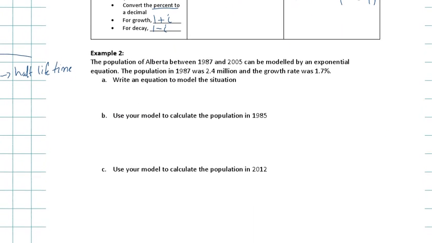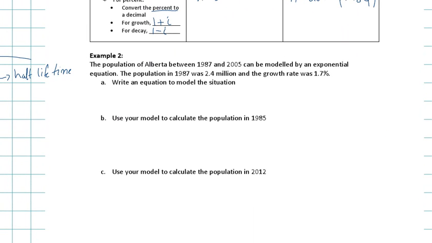So, the population of Alberta between 1987 and 2005 can be modeled by an exponential equation. The population in 1987 was 2.4 million and the growth rate was 1.7 percent. Write an equation to model the situation.